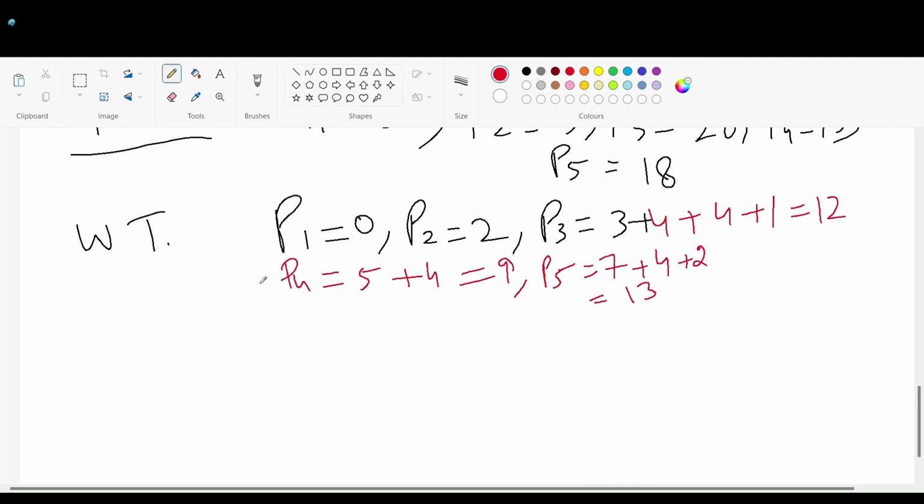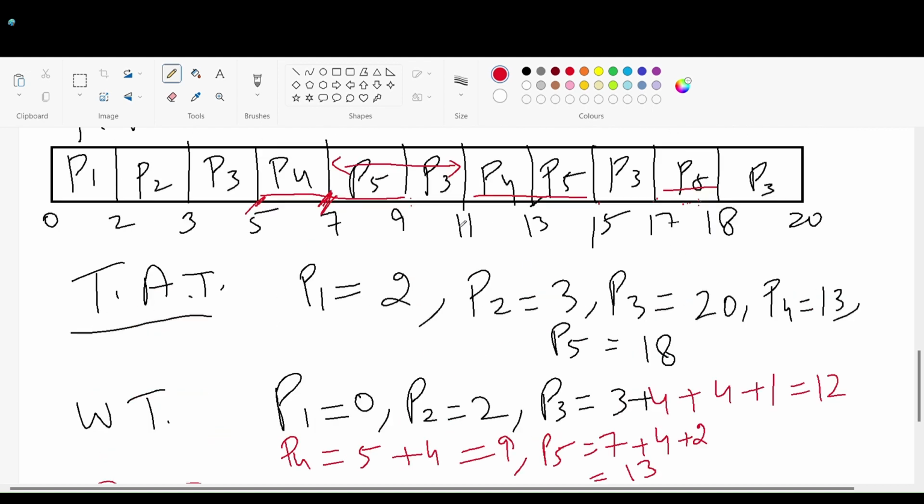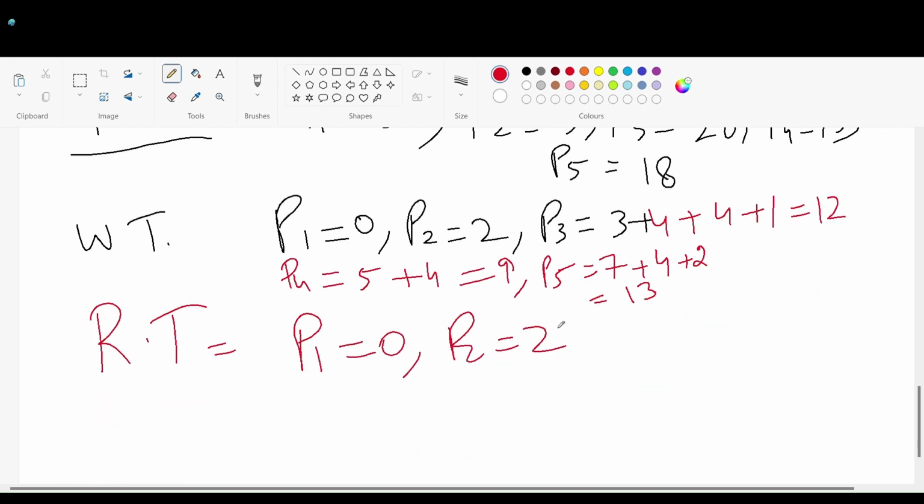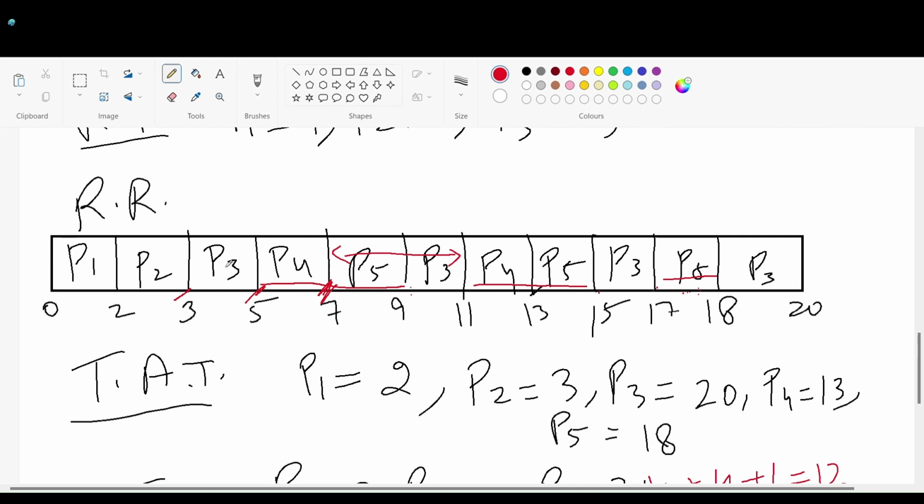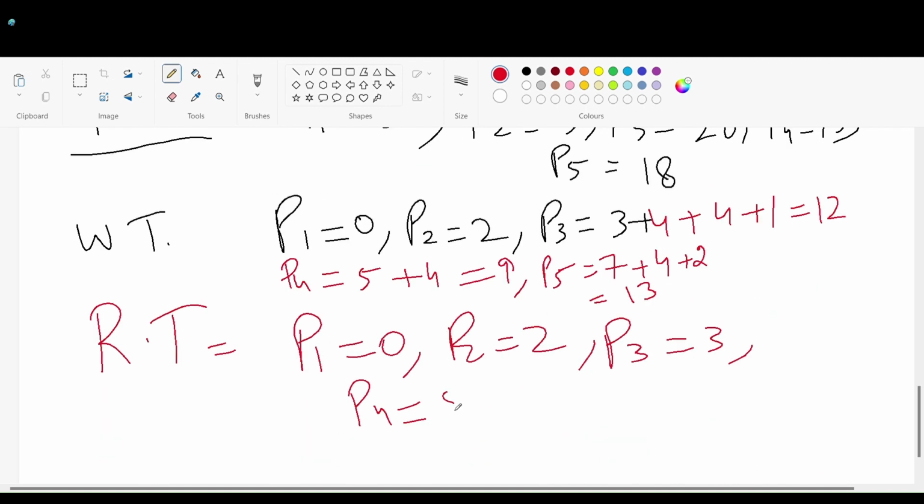Now response time of P1 is 0. The response time of P2 is 2. Then P3 is 3, right? So P3 response time is 3. P4 response time is 5, and P5 response time is 7.